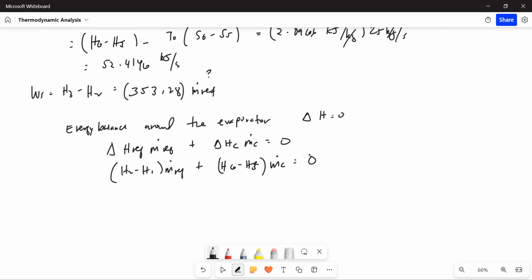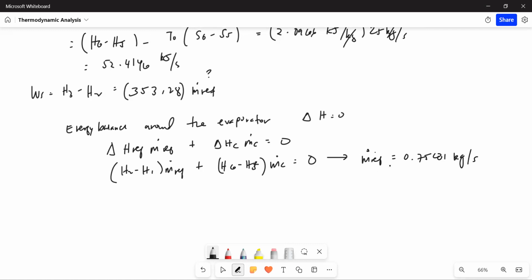Okay. We have all the values here. We have H2, H1, H6, and we have the chilled water flow rate. So now we are able to get the mass flow rate of the refrigerant, 0.7581 kilograms per second.